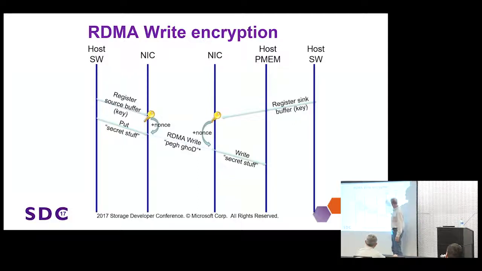And the data can be written to the host persistent memory. Whatever it is, it was recovered. It was protected on the wire and recovered here. And the integrity was guaranteed here. We'd use another integrity check on the PMEM if we didn't trust it. And just in case you don't recognize it, that happens to be Klingon for secret stuff. I just thought that was cute.